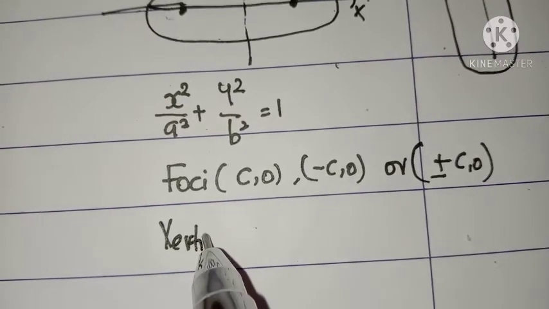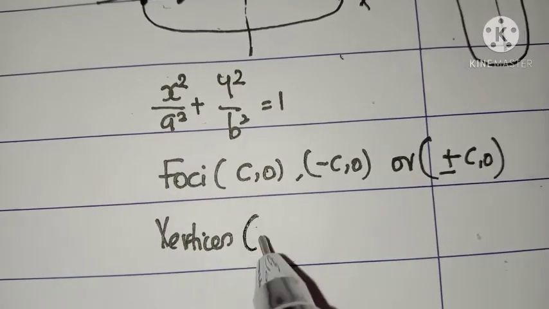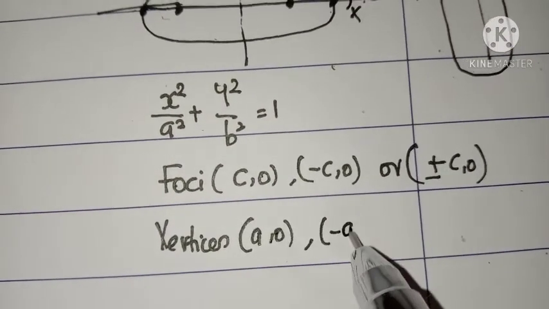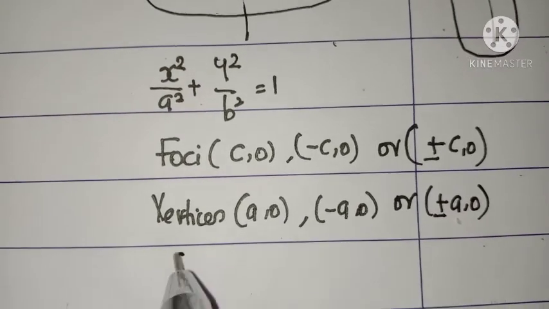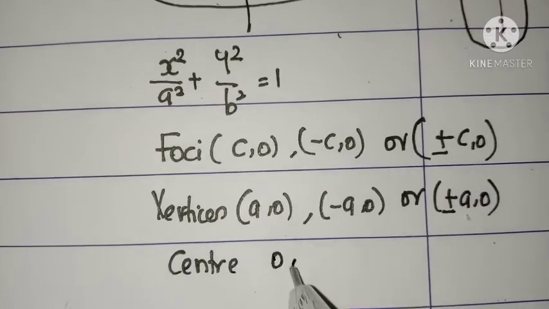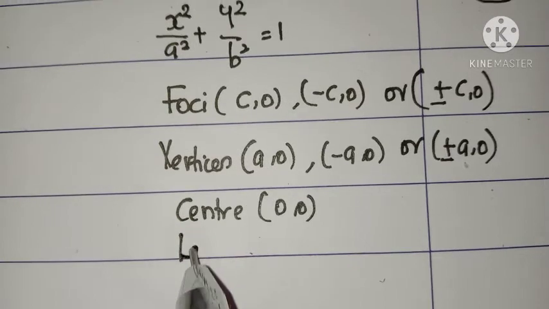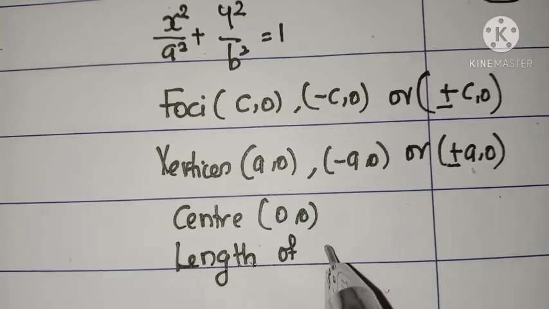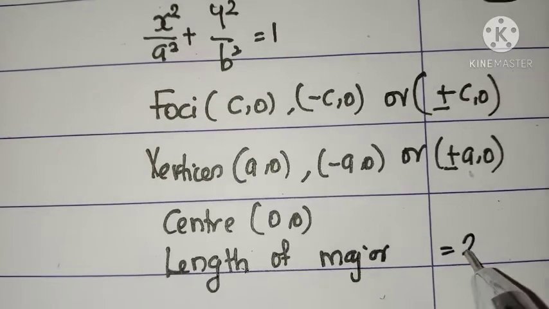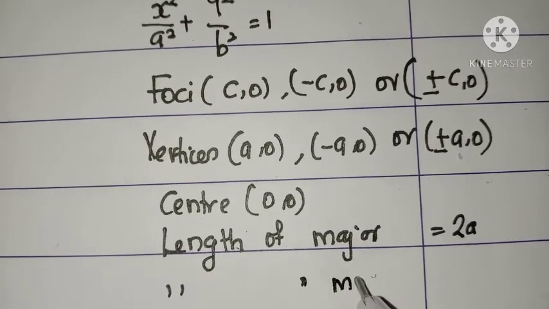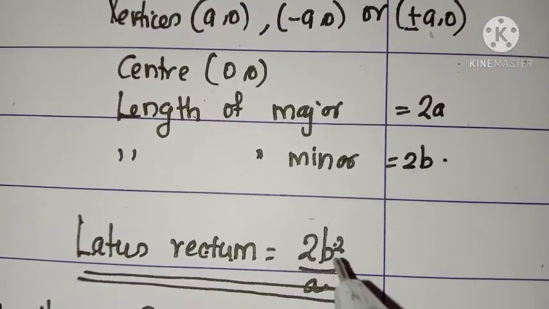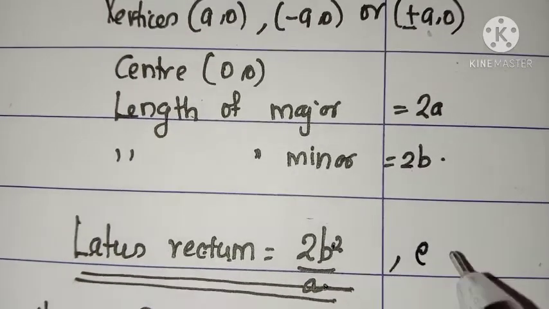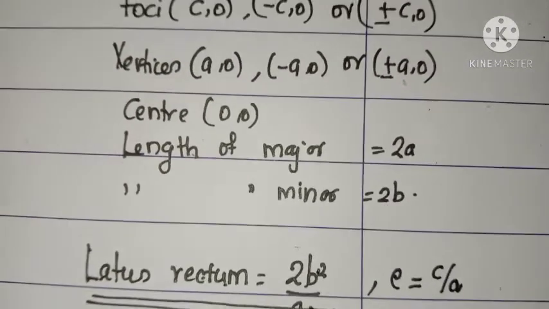And the vertices are actually endpoints of the major axis, and these are a, 0 and minus a, 0, or plus or minus a, comma, 0, and the center is always the origin. The length of the major axis is 2a, and the length of the minor axis is 2b. The length of the latus rectum is 2b square by a, and the eccentricity is c by a.